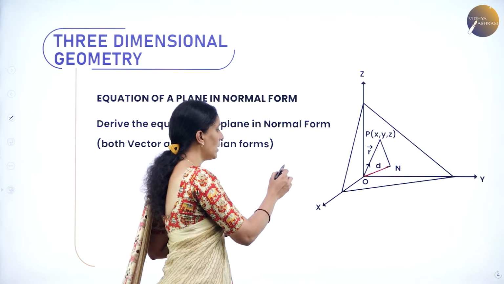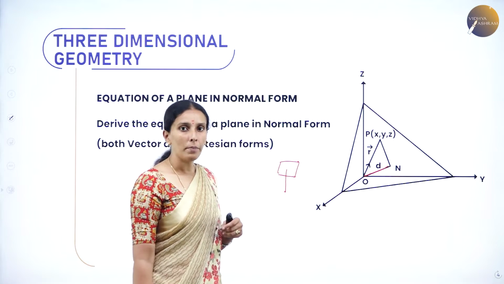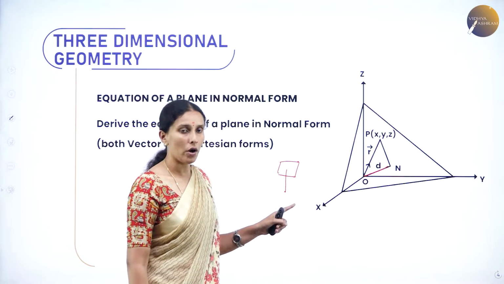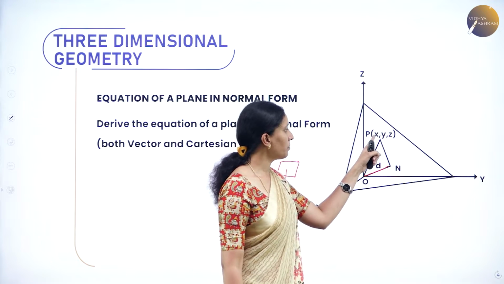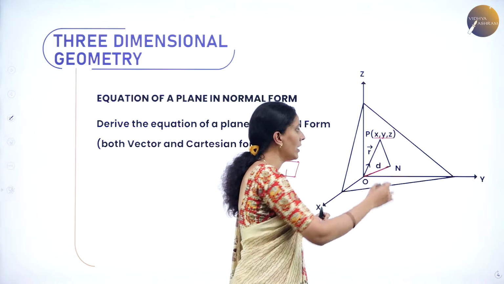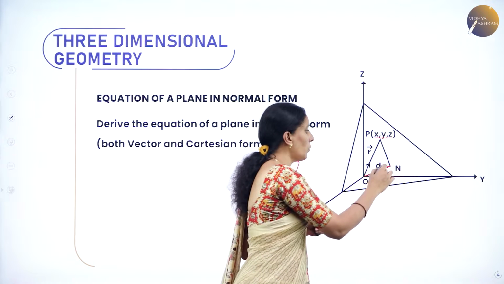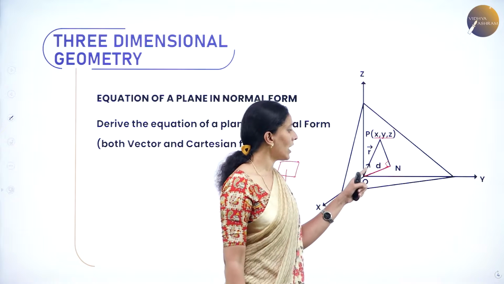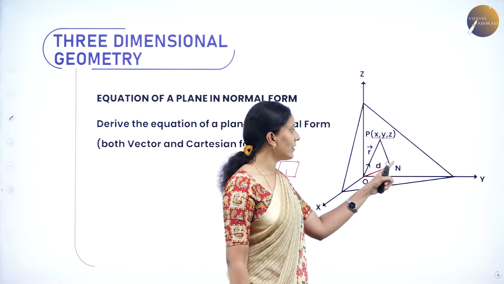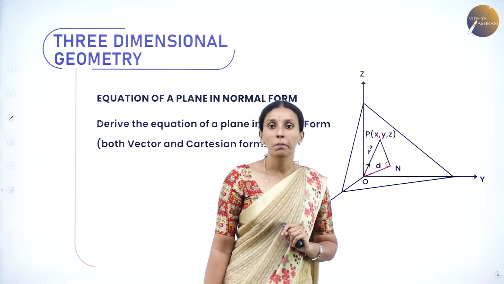I am drawing a normal to the plane from the origin. And let me take a point P whose coordinates are x, y, z such that the line drawn from P to the normal ON will be perpendicular. That is, we can clearly say ON and NP are perpendicular to each other and R is the position vector of the point P.